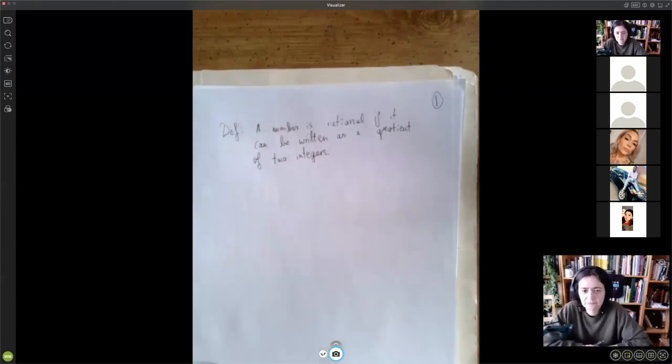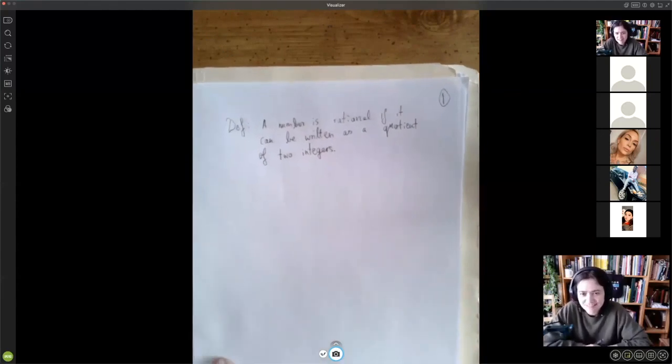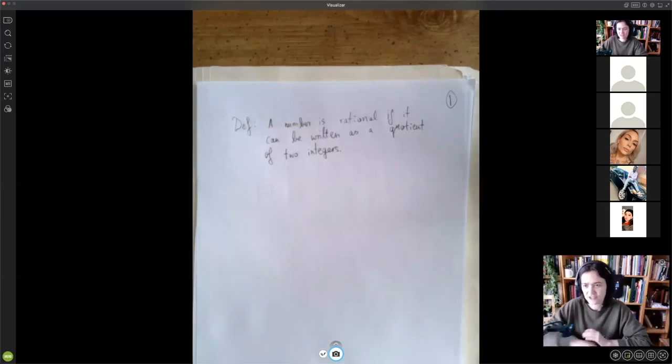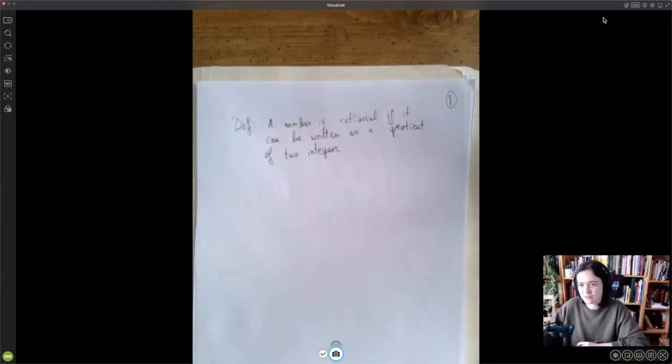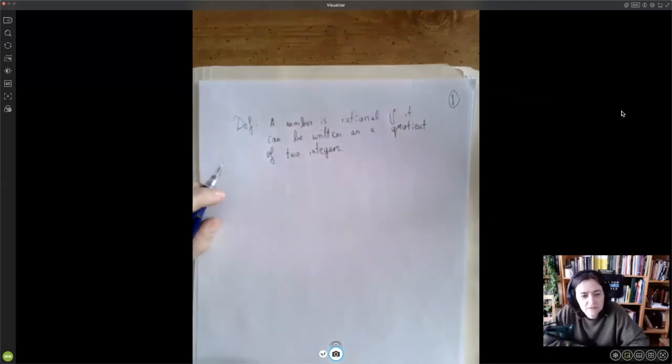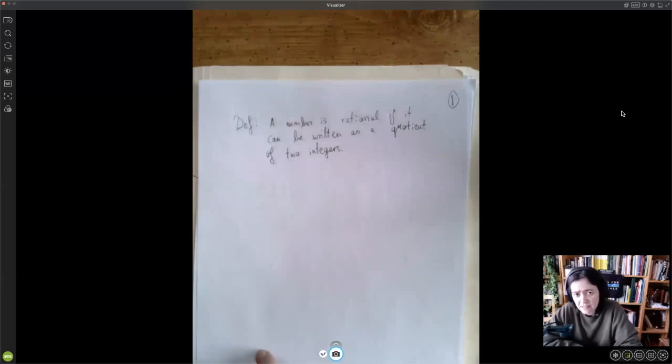And shockingly, there are numbers that are not rational, and those are called irrational numbers. To me, that was quite a shock that such numbers should exist. A number is not rational if it cannot be written as a quotient of two integers, and such numbers are called irrational numbers.